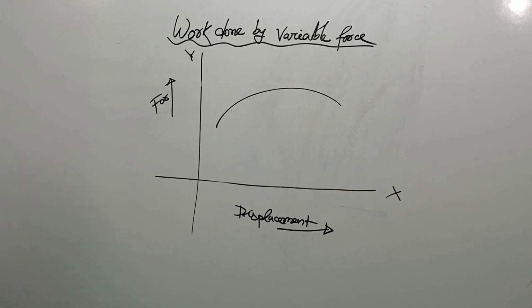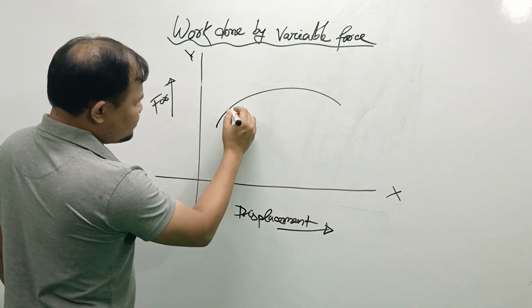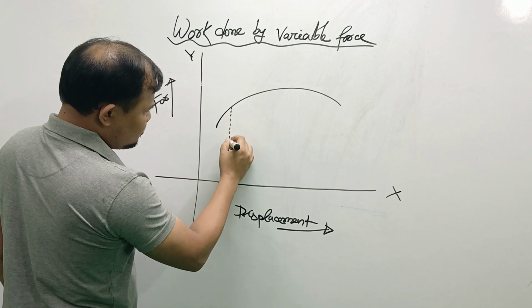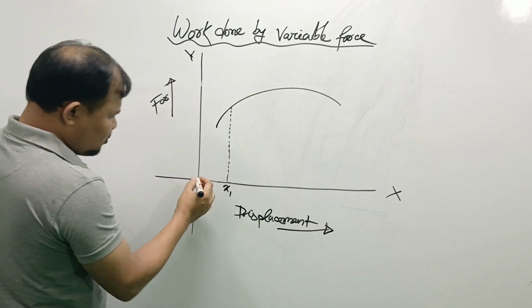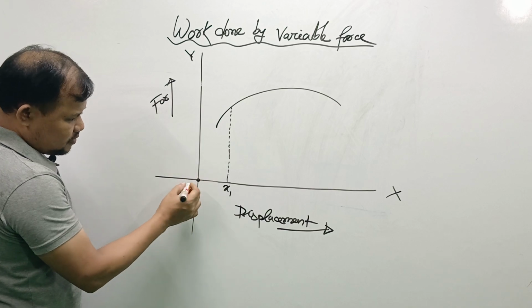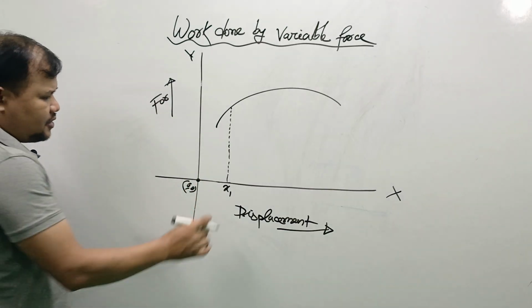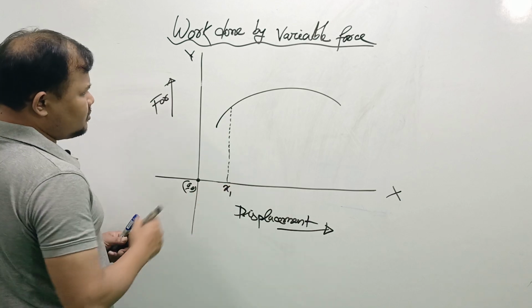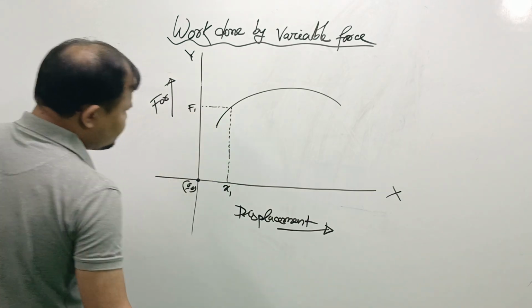of force versus displacement. Suppose when the displacement is x1, we measure displacement from the origin. This is 0, 0. When displacement is x1, then the force will be F1.